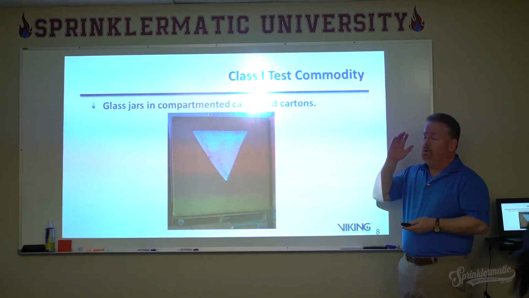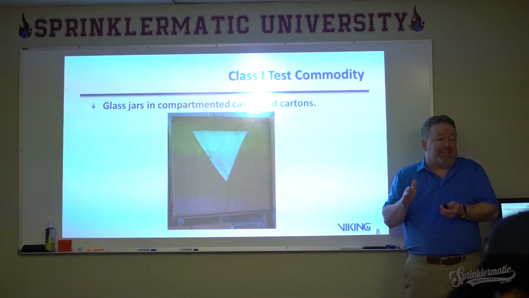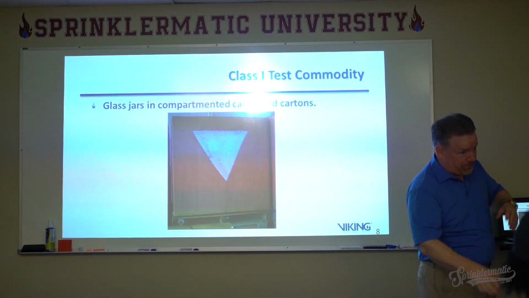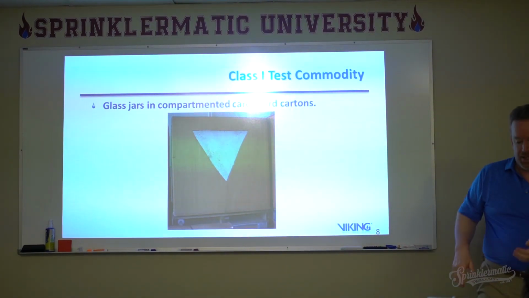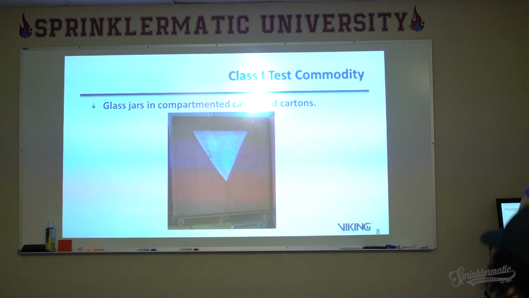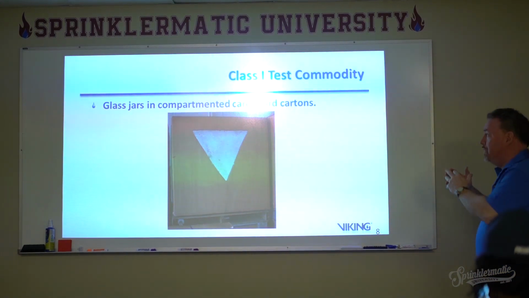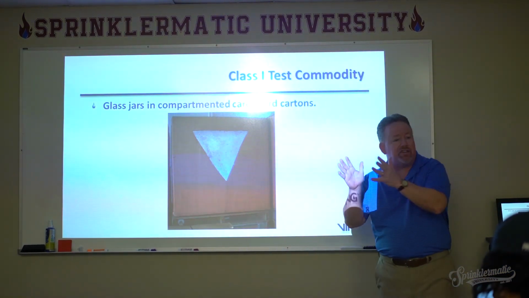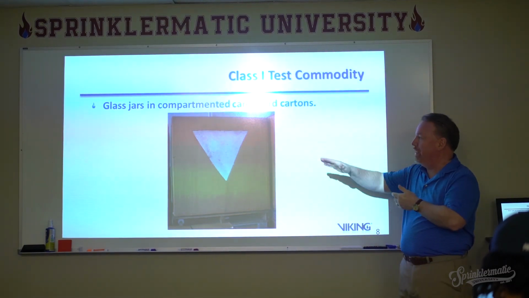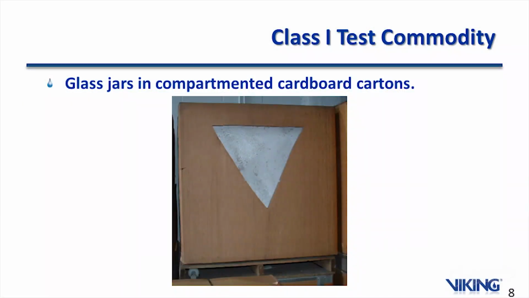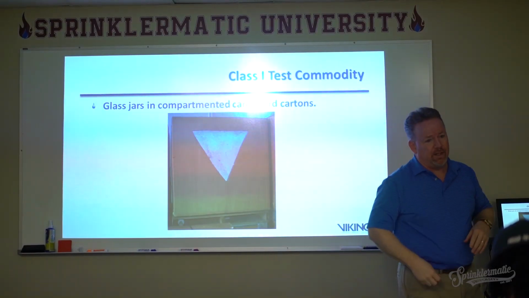Now, the way we got to this first commodity, class 1 commodity, thank you, is that this is the class 1 test commodity. We had glass jars, non-combustible, in compartmented cardboard cartons, single layer glass jars within that commodity.